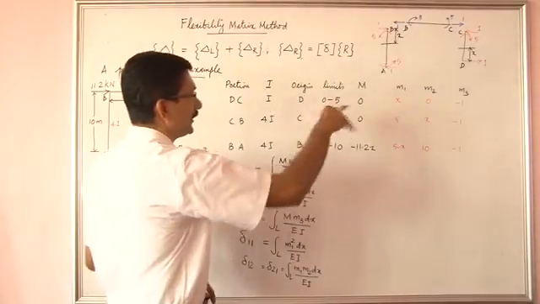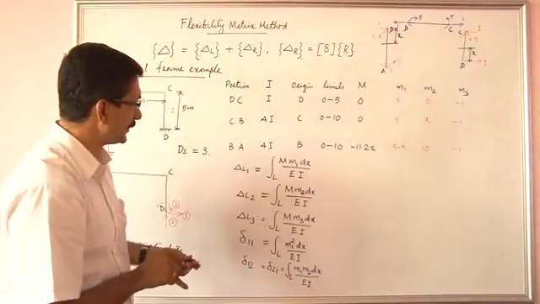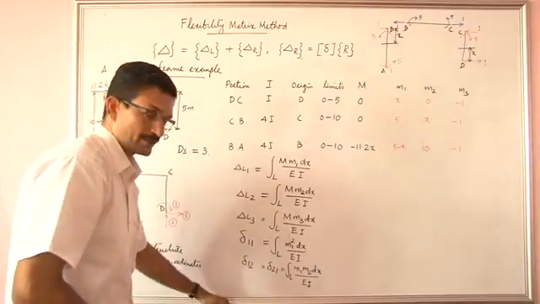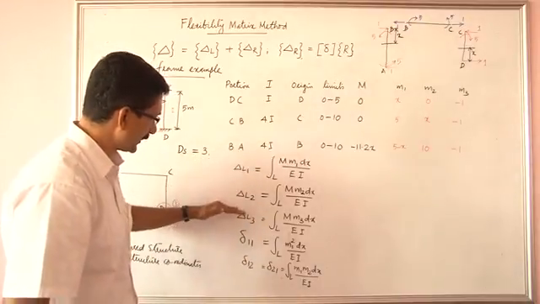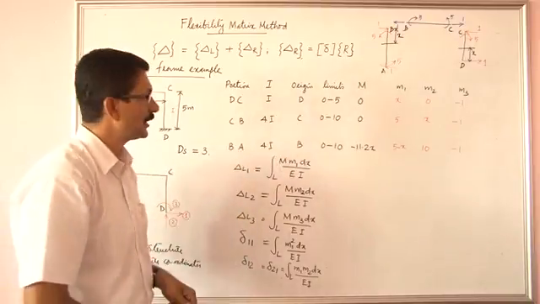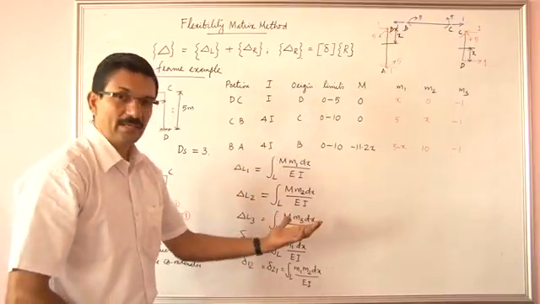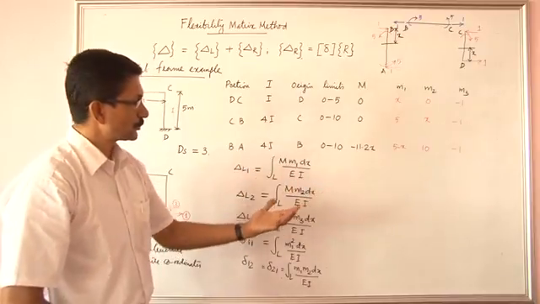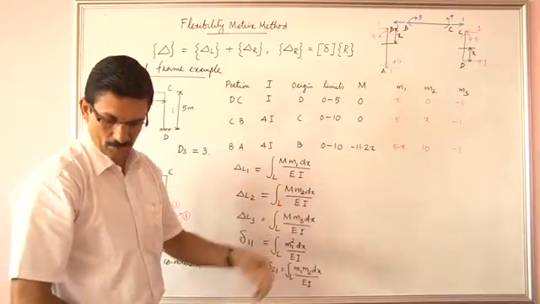Right. So that is the table, and using the table we can now calculate all these quantities: delta L1, delta L2, delta L3, and the coefficients delta 11, delta 12, delta 13, delta 22, delta 23, and so on.